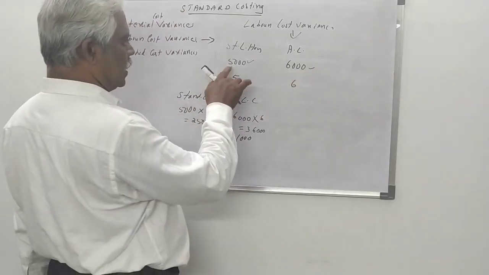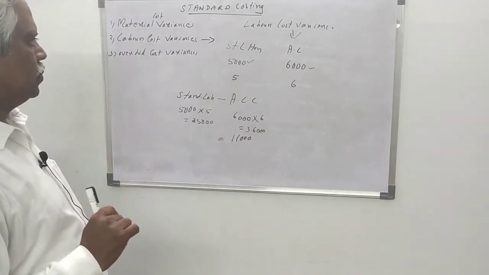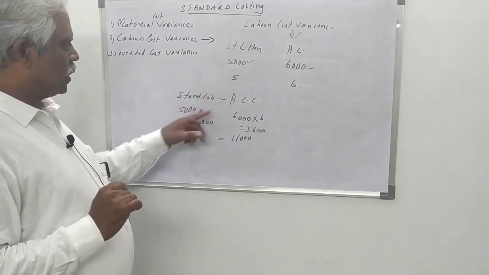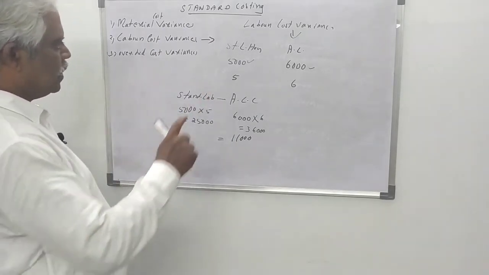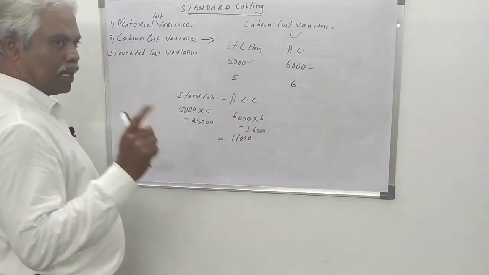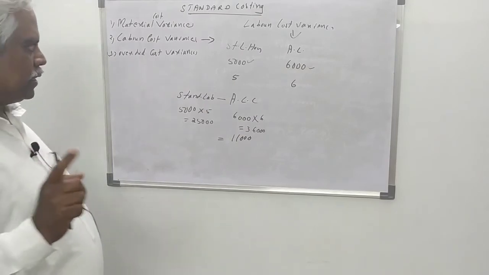So, there is a difference of 1,000 hours. So, labor cost variance occurred due to the difference in standard hours and actual hours. That difference is called labor efficiency variance.